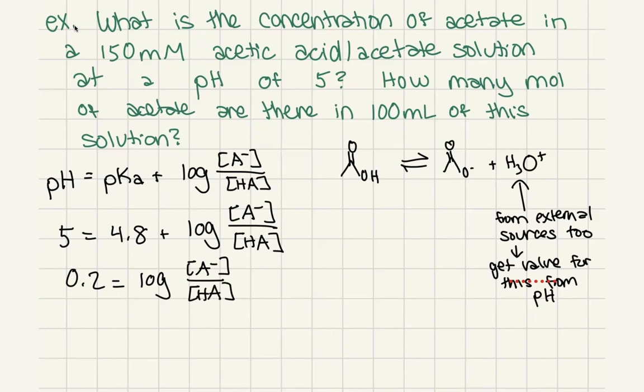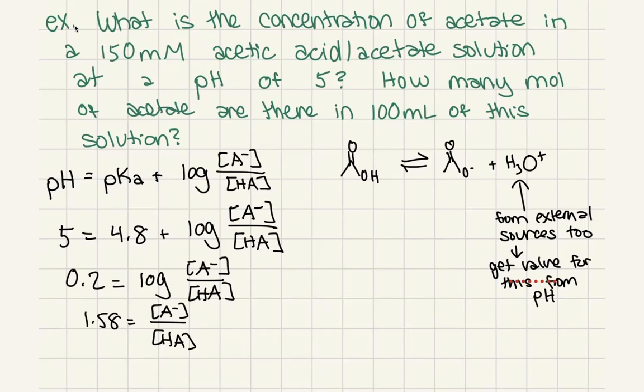If we take the antilog, 10 to the 0.2, we get 1.58, which is equal to A minus over HA. So we're going to have about 1.5 times more deprotonated than protonated.